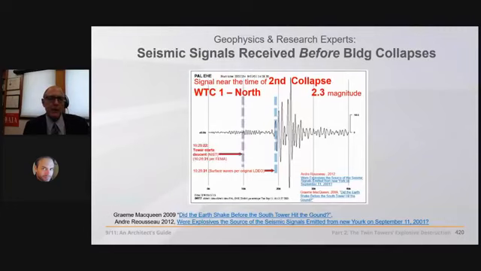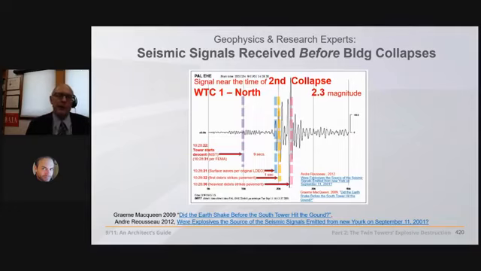Well, the tower starts its descent 9 seconds earlier, and the first debris doesn't even strike the pavement until 1 second later. But the heaviest debris, which would be presumably responsible for the greatest seismic event or activity, doesn't even strike the pavement for 4 seconds later.